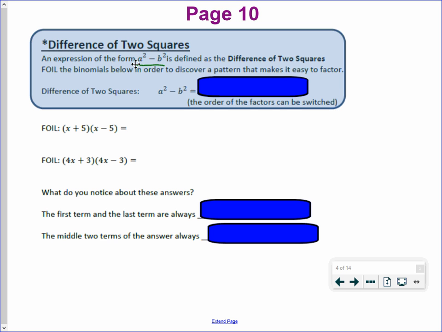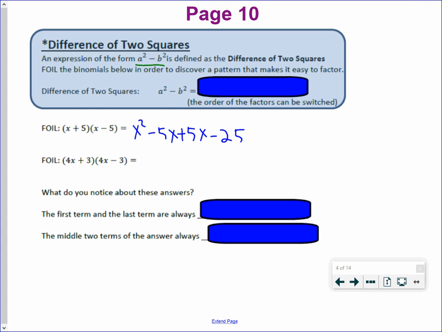So, before we actually give you what a squared minus b squared will equal when you factor it, let's go ahead and actually FOIL out these two problems down here. So if we FOIL them out, we'll get x squared minus 5x plus 5x minus 25. Remember, FOIL stands for first, outer, inner, last.